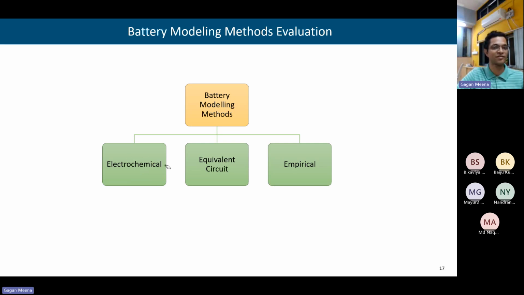But if you want only steady state operation of energy storage, then a simple equivalent circuit model is also sufficient, and even an empirical model will work in that case. Simple equations of energy storage, how the charging and discharging operations are related, even that is sufficient.